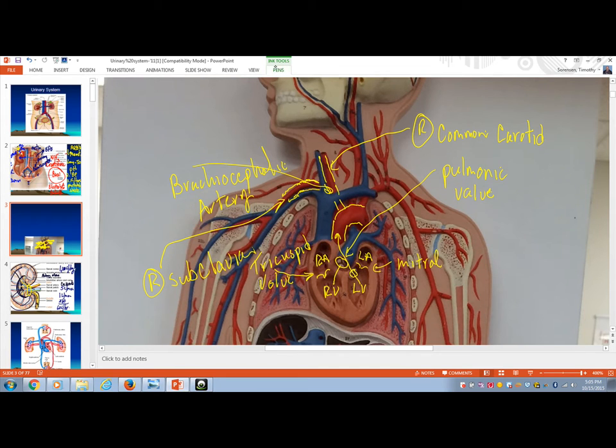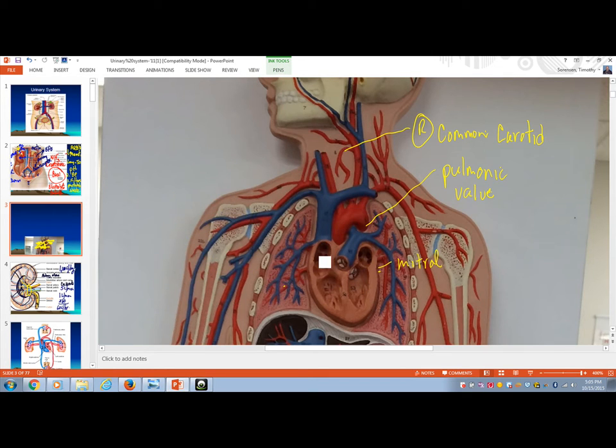So let me get rid of some of this. The right subclavian then branches off into the right axillary artery.